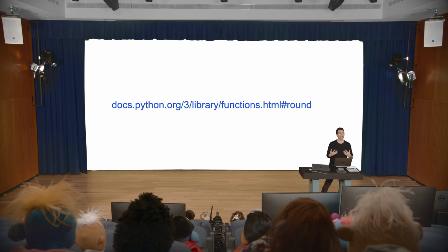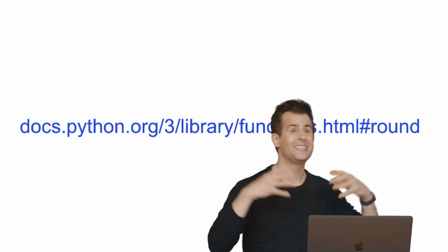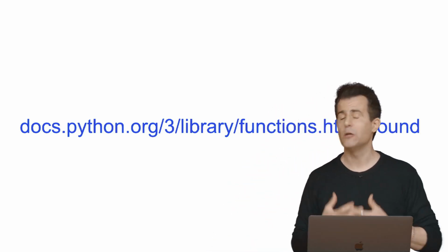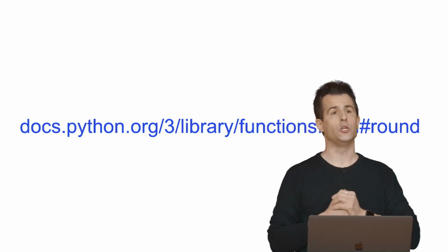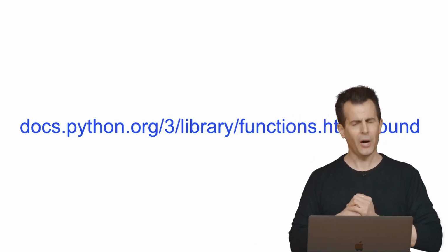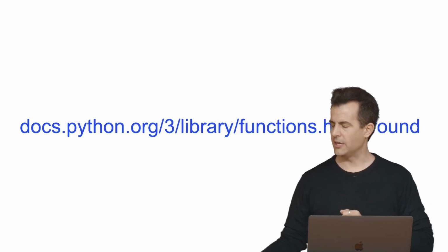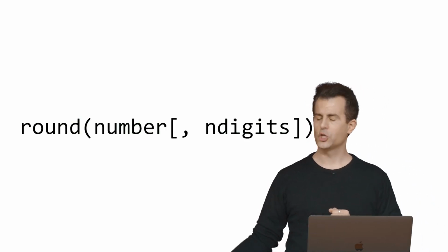And in fact, if we return to this URL from earlier, wherein all of the Python built-in functions are listed, there's one called round, which does exactly as we would expect. It takes as input a number and then rounds it for us, for instance, to the nearest integer.